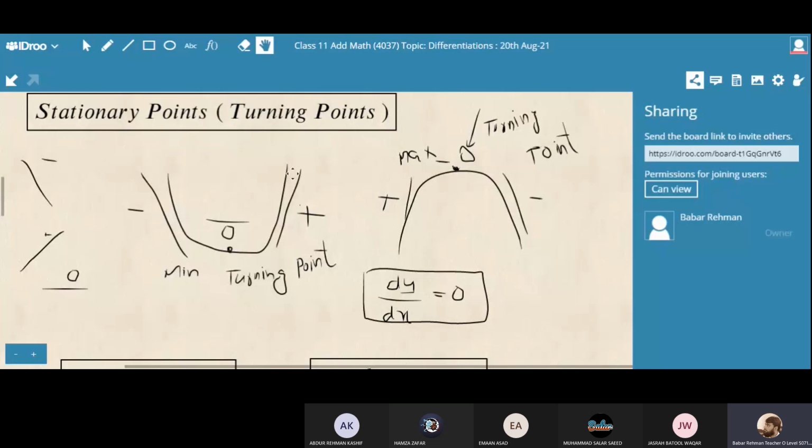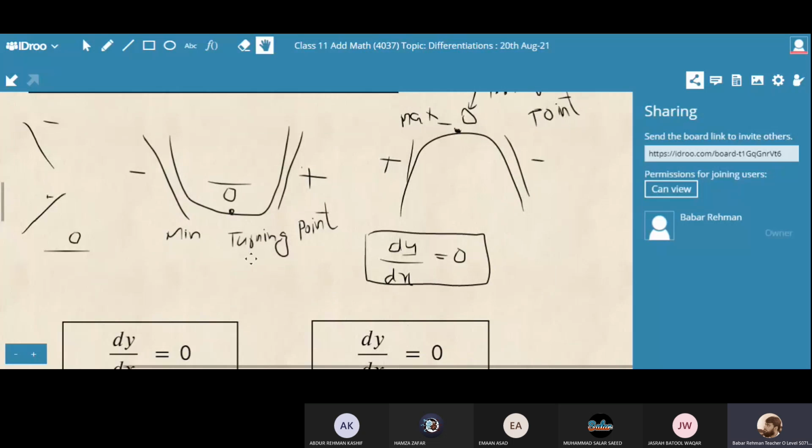It means turning point. In turning points, one point is minimum, one point is maximum. Whether the point is minimum or maximum, we set dy/dx equal to 0 and find the values of x. If we input the values of x in the equation, we are finding the turning points.